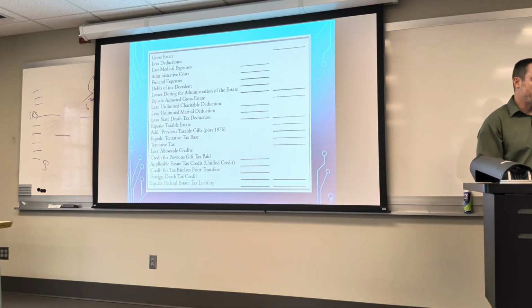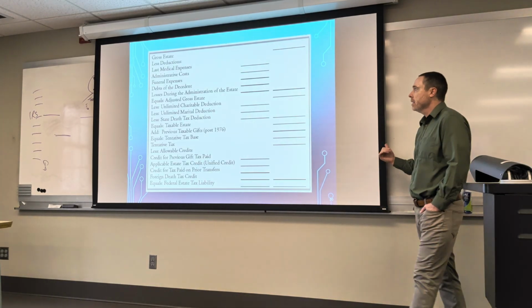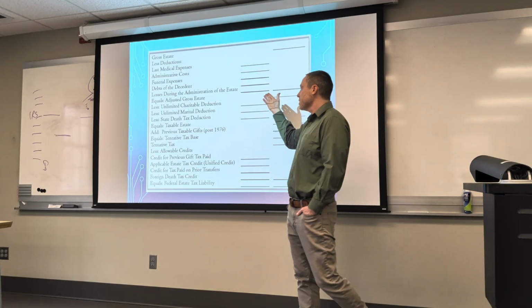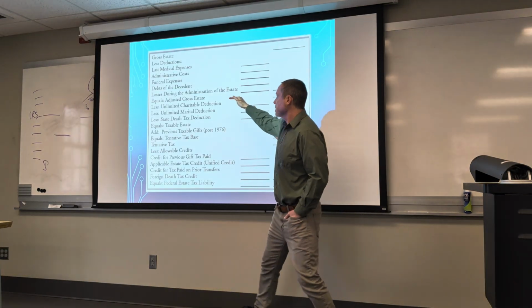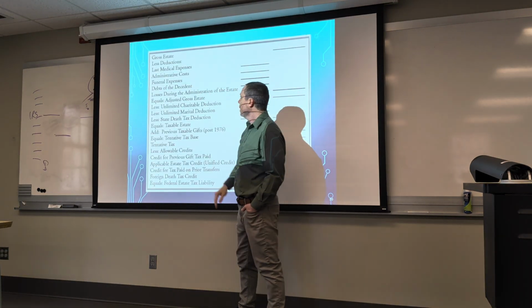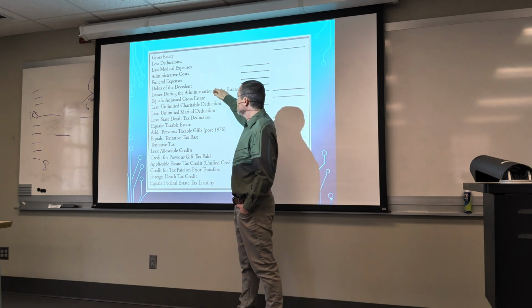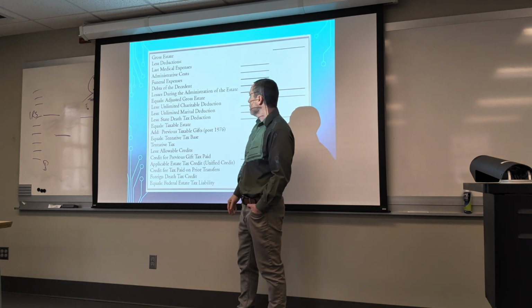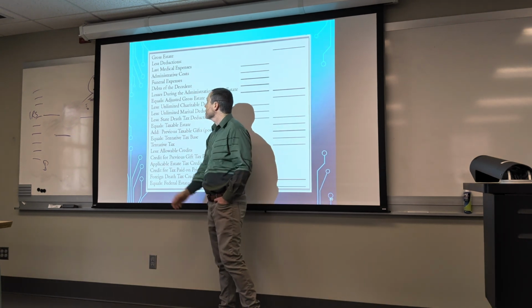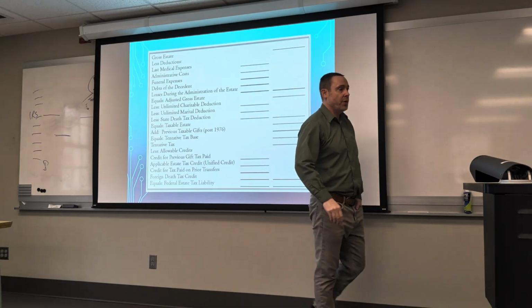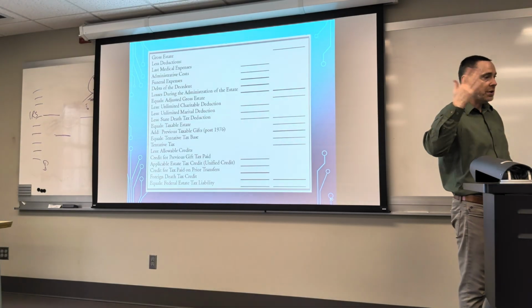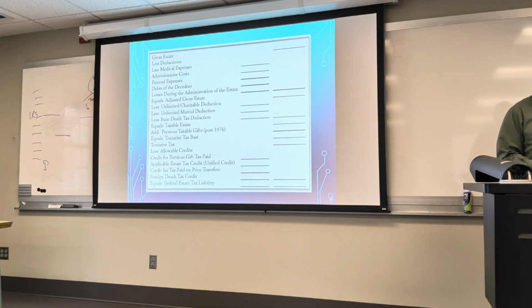Gross estate, we've got our A, B, C, D, E. Administrative costs, burial costs, so administrative funeral, casualty losses, C, D, debts, last medical expenses, E. I would put those two together and just make an A, B, C, D, but throw in an E if you want.